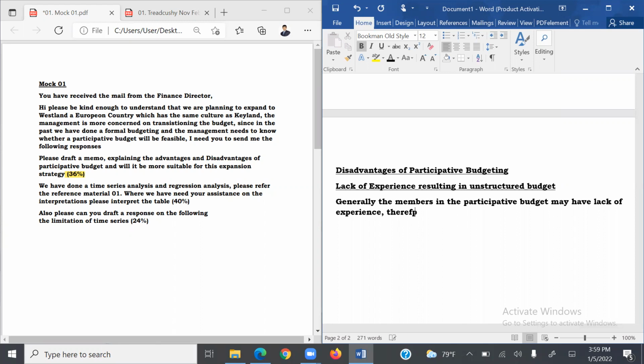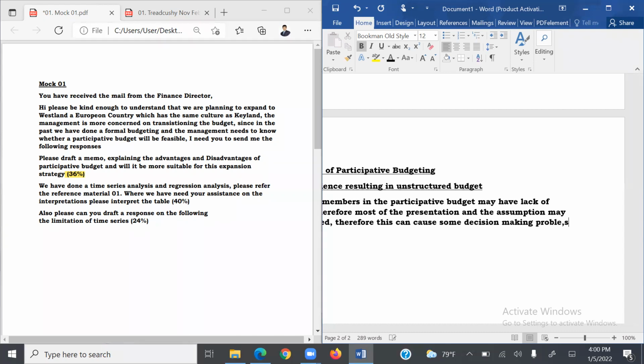Therefore, most of the presentation and the assumptions may be unstructured. Maybe what, students? May be unstructured. Keep that in mind. Therefore, this can cause some decision making problem.